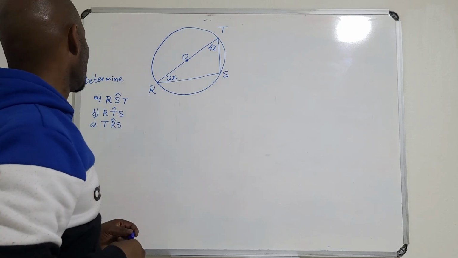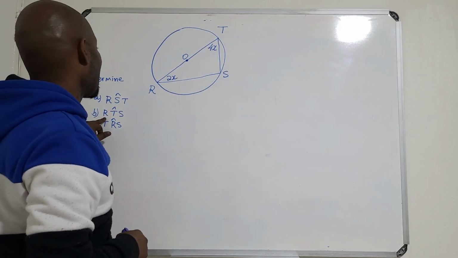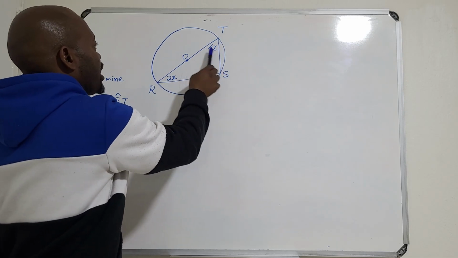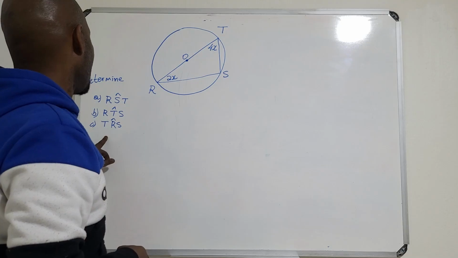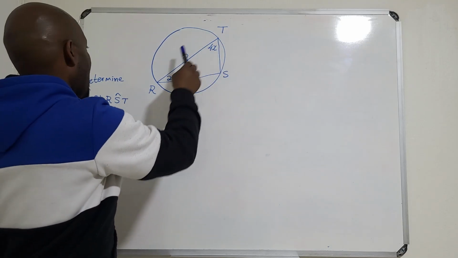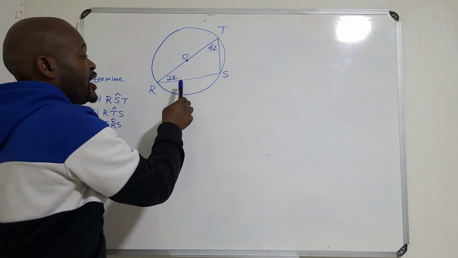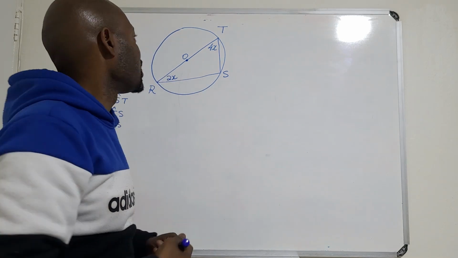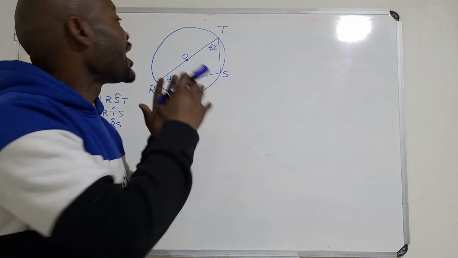They also want us to find angle RTS, which is that angle there, and angle TRS, which is this angle there. So it means that we just need to solve for the angles of this triangle.